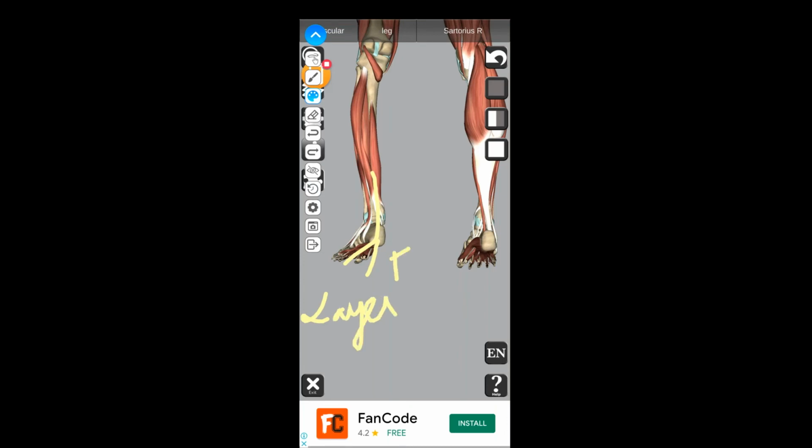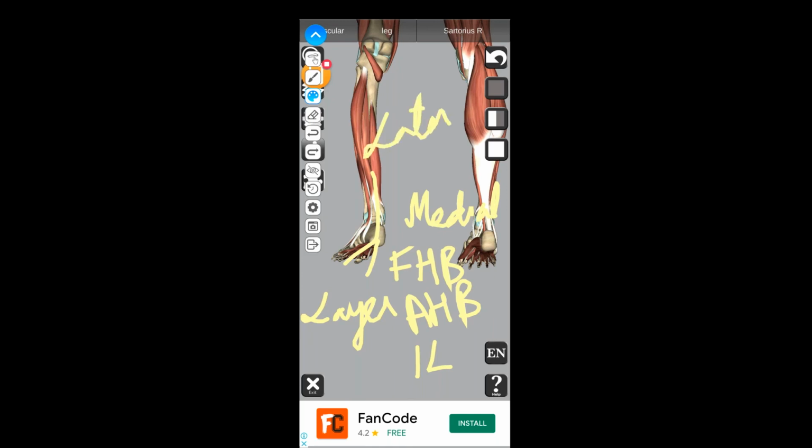Flexor hallucis brevis and abductor hallucis on the medial side, and the first lumbrical are by your medial plantar nerve. And your lateral plantar supplies all the rest, whatever is left. Sciatic nerve also done.